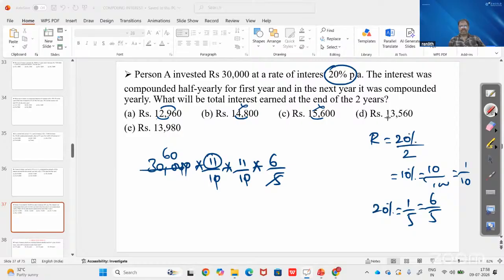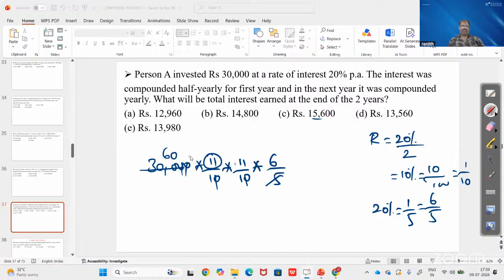One second. 11 by 10, 11 by 10 into 6 by 5, right? 11 into 11, 121. 11 table. So 10, 8, 9, 4, 7, 5, 6 and 11. So everything is not possible. So we'll go with the multiplication only.